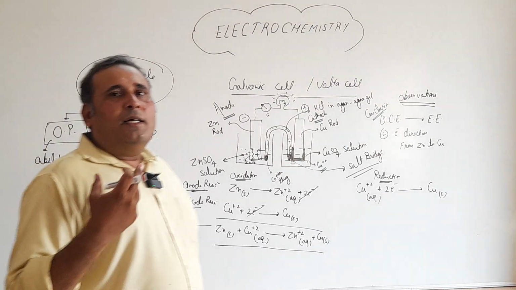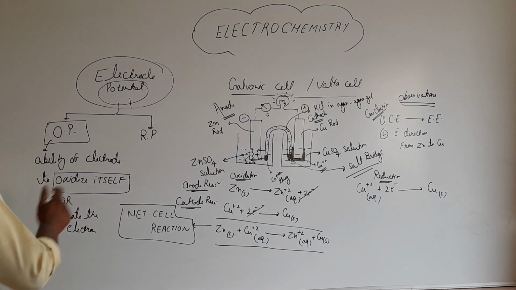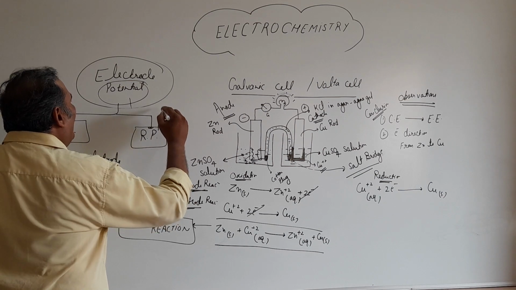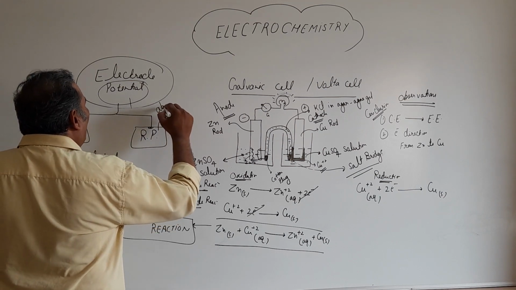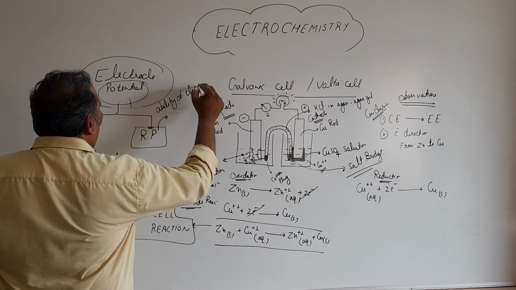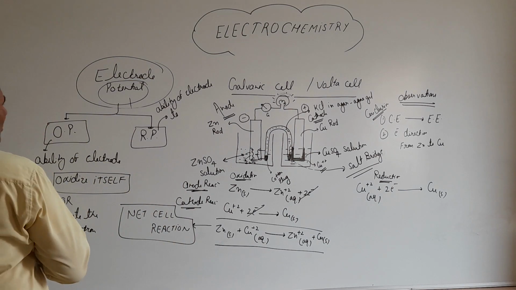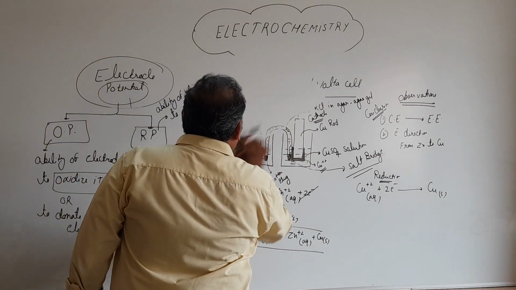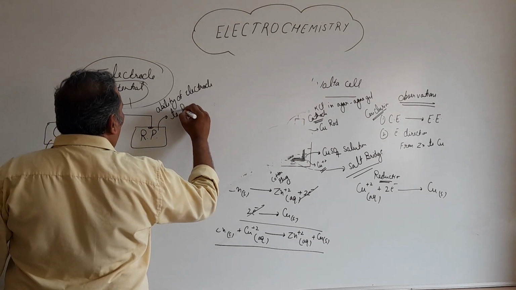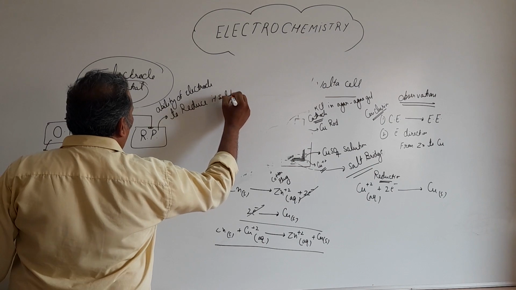Ability to donate the electron. And what is the meaning of reduction potential? Reduction potential means the ability of an electrode to reduce itself.